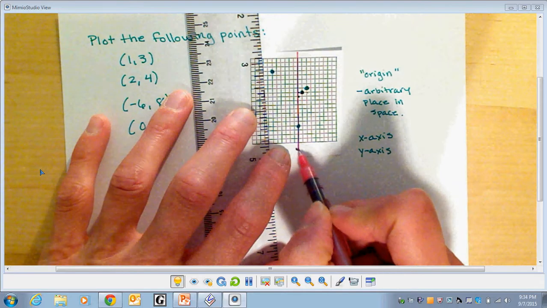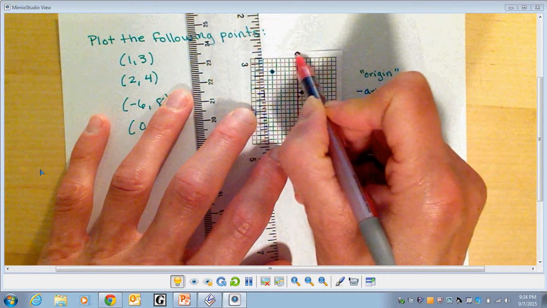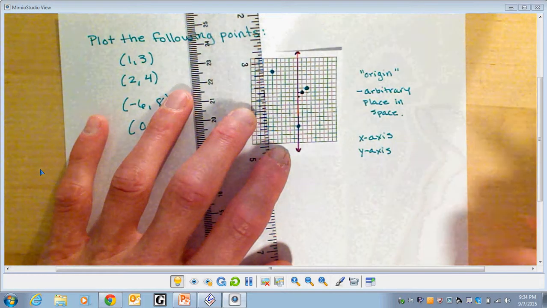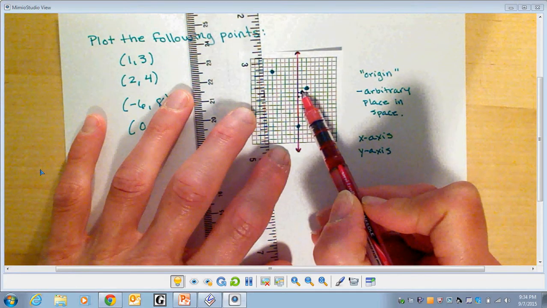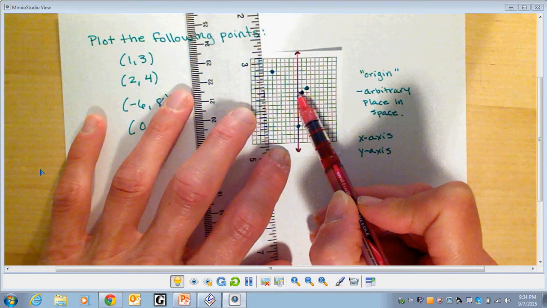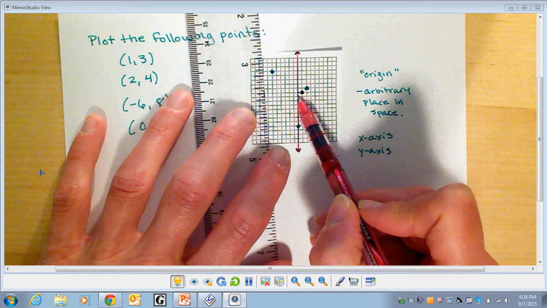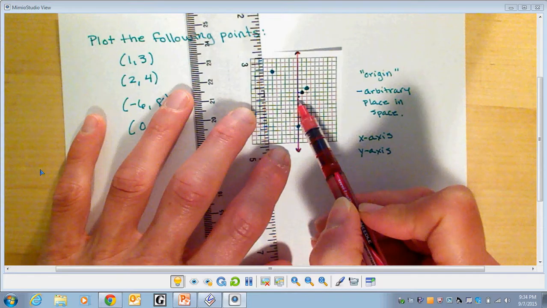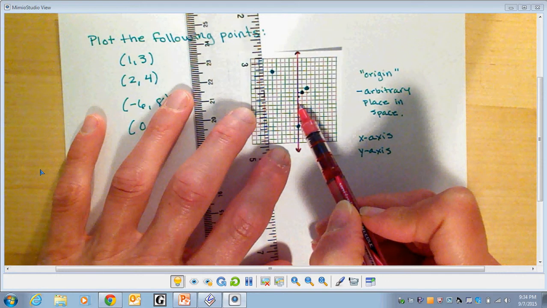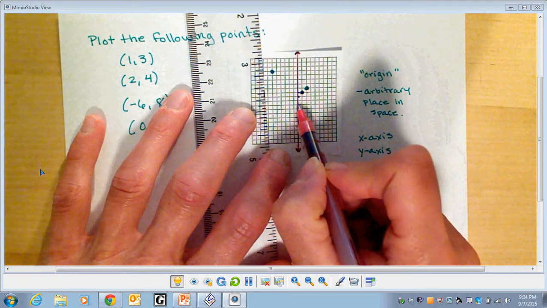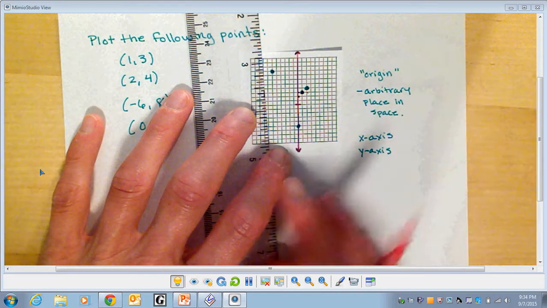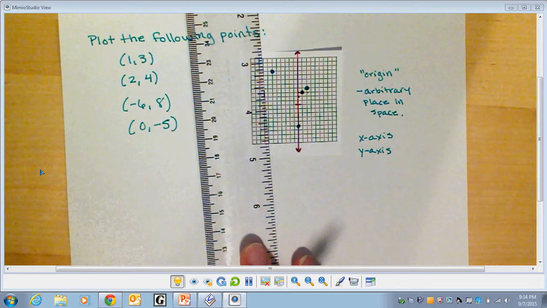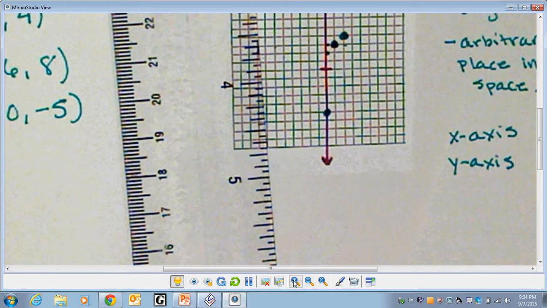And which axis is that? That happens to be my y-axis, isn't it? Because everywhere along here, remember I said this was 1, 3, so this must be 0, 3. Down here is 0, 2, 0, 1, 0, 0. Oh, how convenient. That's 0, 0 right there. So right there, y must be 0. I'm going to zoom in a little bit more so we can see this a little clearer.